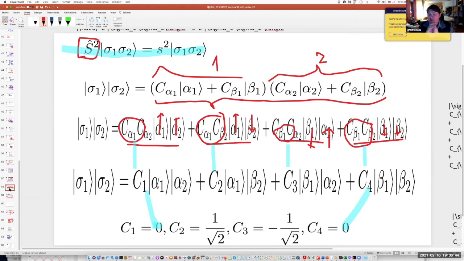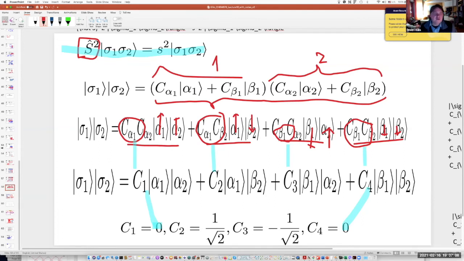Suppose that instead of describing one spin, which can flip or be somewhere in between, we have two spins simultaneously. So if we have two spins, we need to construct a product of the wave function for one spin and another.